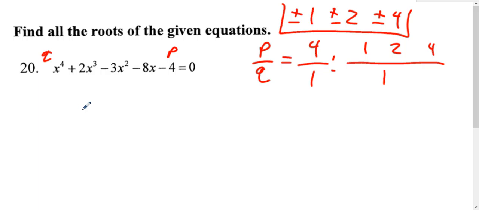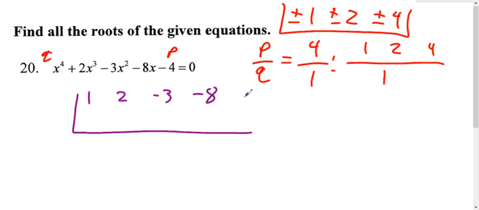And then you just guess and see what works with synthetic division. We're not missing any powers, so we don't need any zeros in our synthetic division. And I'll just start with positive 1. So that's 1, 3, 0, not 0.